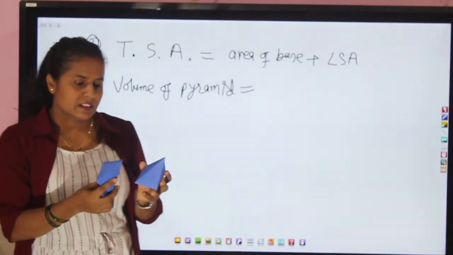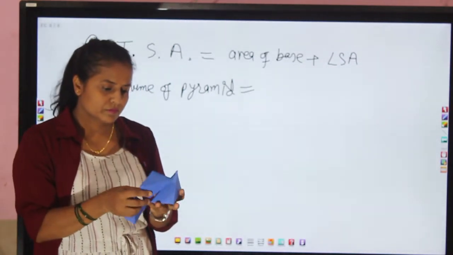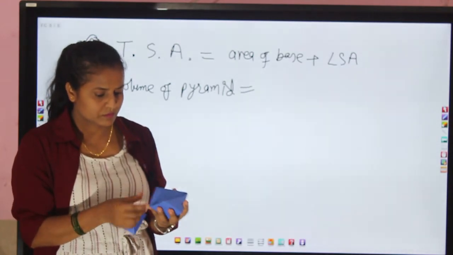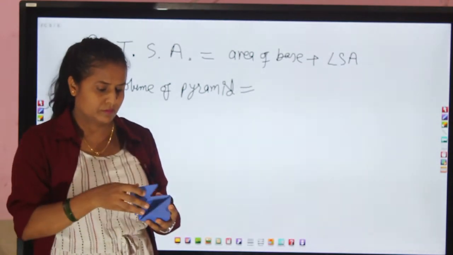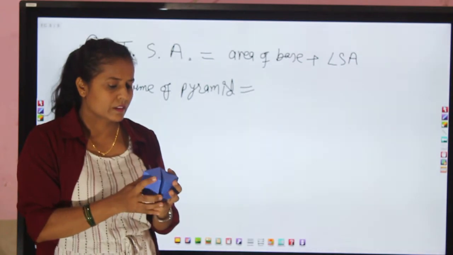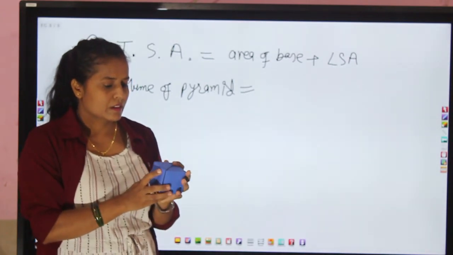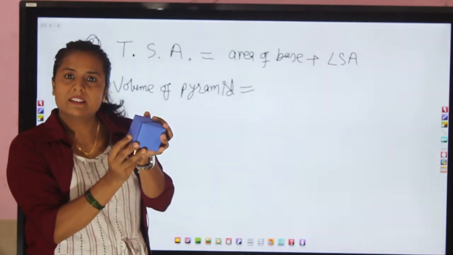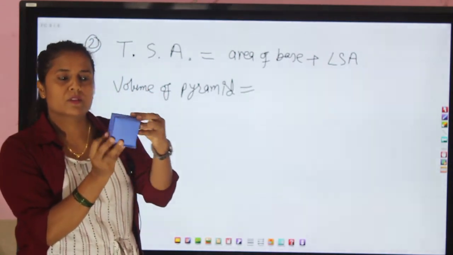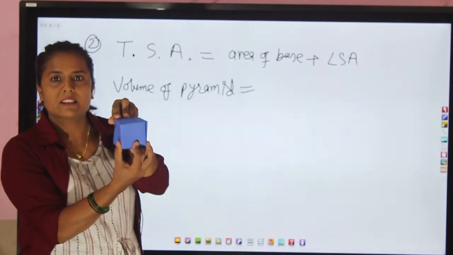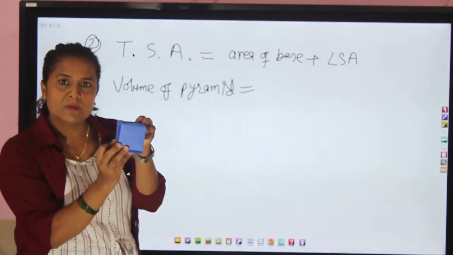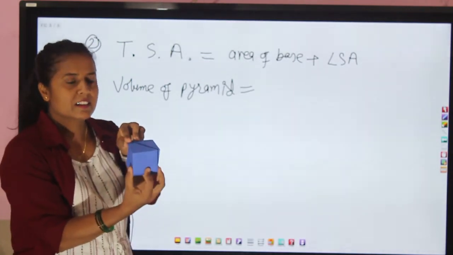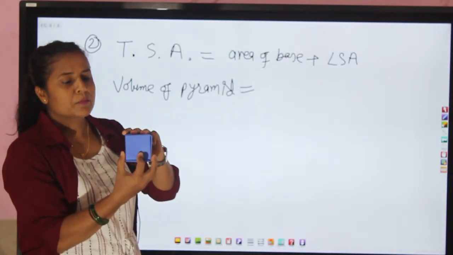Yes, I am joining them here. Okay, now what is this? Can you say what is the obtained solid? It seems like a cube or prism, is it? Okay, it is a prism.